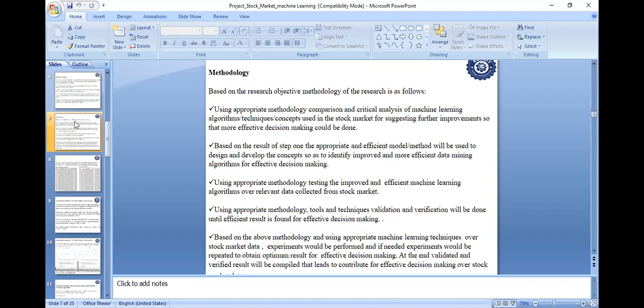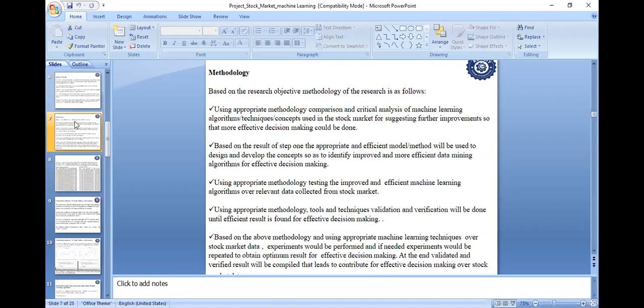Methodology. Based on the research objective, the methodology of research is as follows: using appropriate methodology, comparison and critical analysis of machine learning algorithm techniques, we have used further movements of the stock market data for predicting the future. Based on the result of one of the appropriate and efficient models, we will design and develop the concepts so as to improve and build a more efficient data mining algorithm for effective decision making.